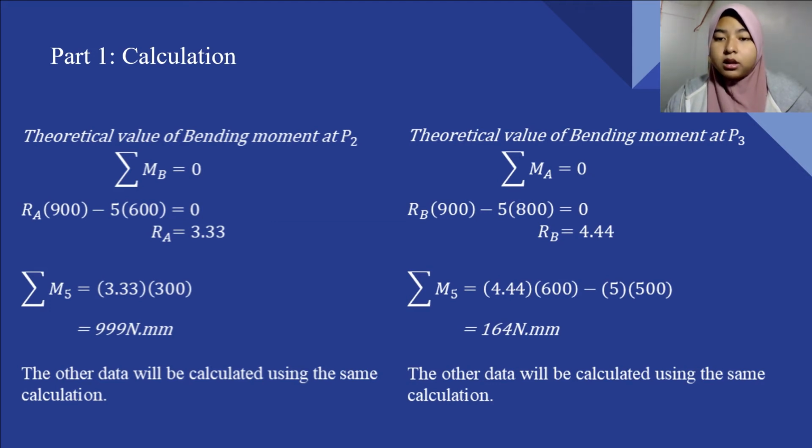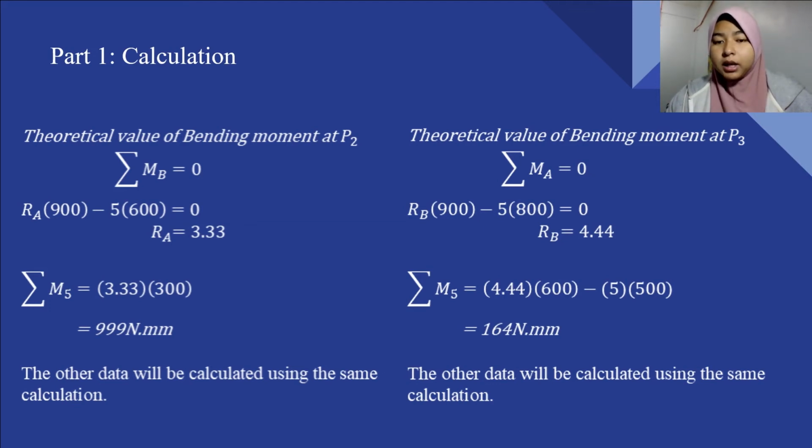For theoretical value of bending moment at P3, we also use total moment equal to 0, but we take the moment of A, which is we need to find the RB.